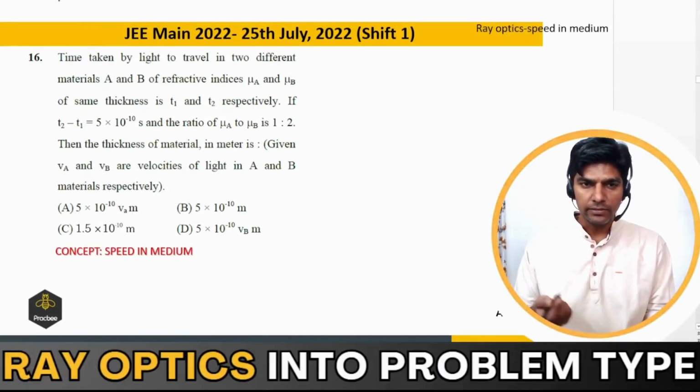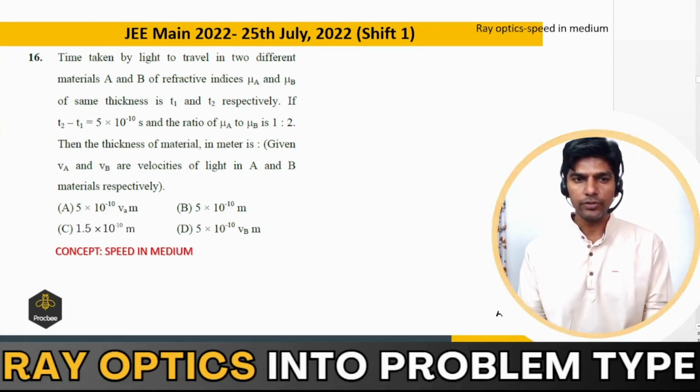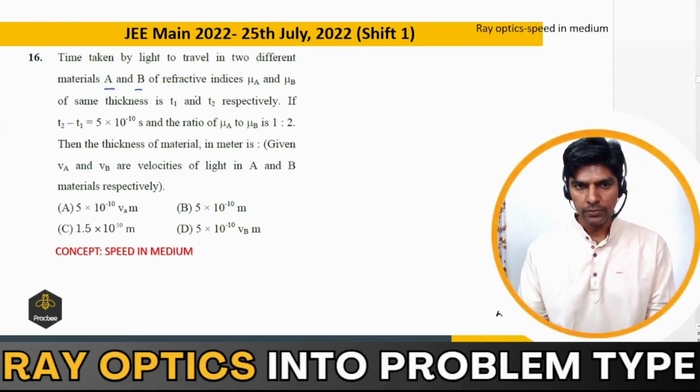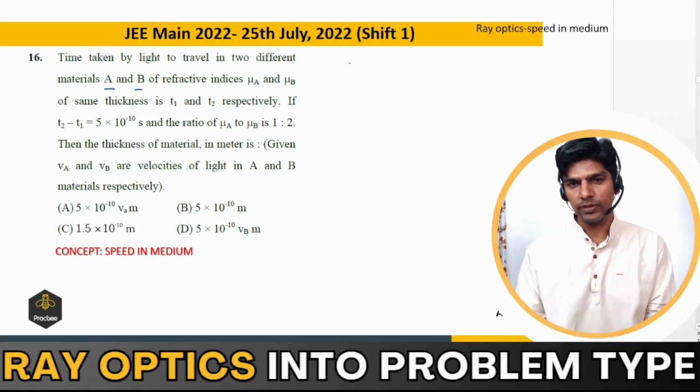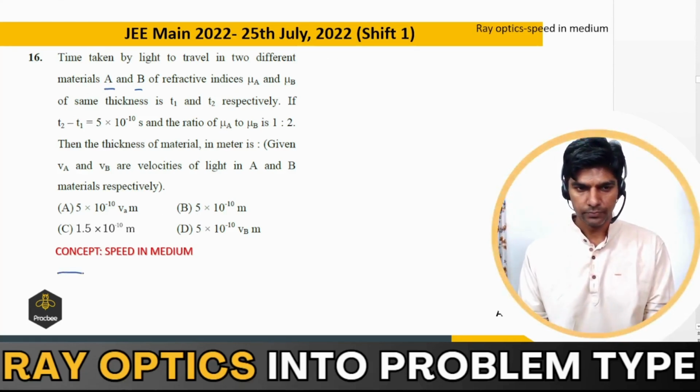Now let us see the next illustration based on the same problem type. The time taken by light to travel in two different materials, A and B, of refractive indices mu A and mu B, of the same thickness. So we are given two materials. This is material A and this is material B, and the thickness is the same.